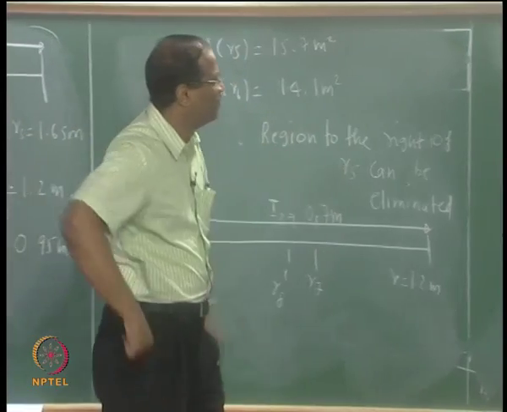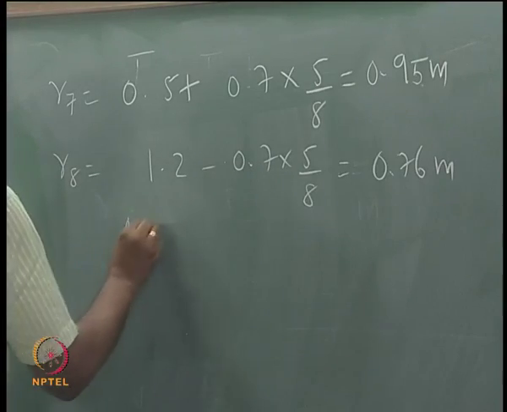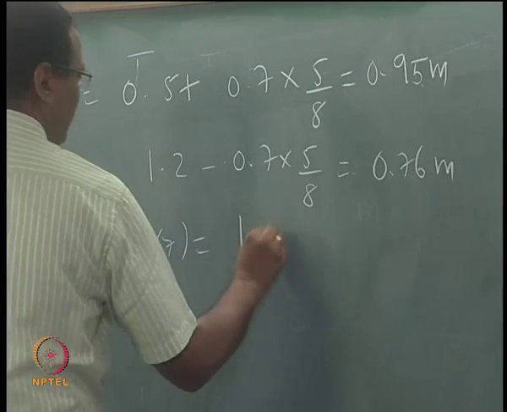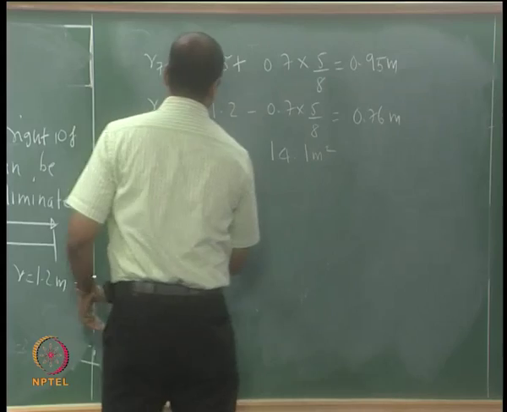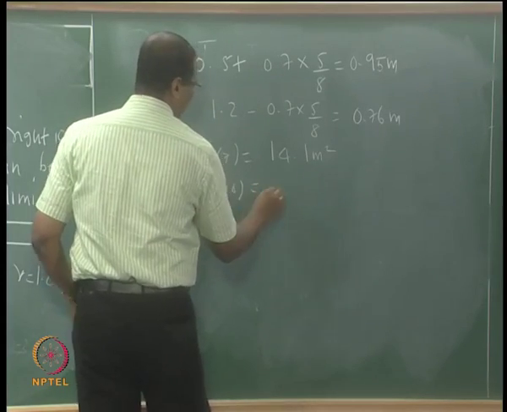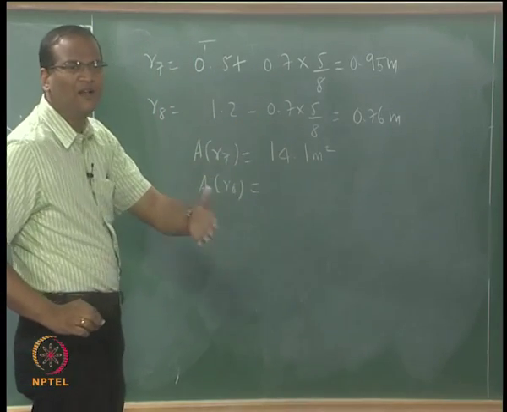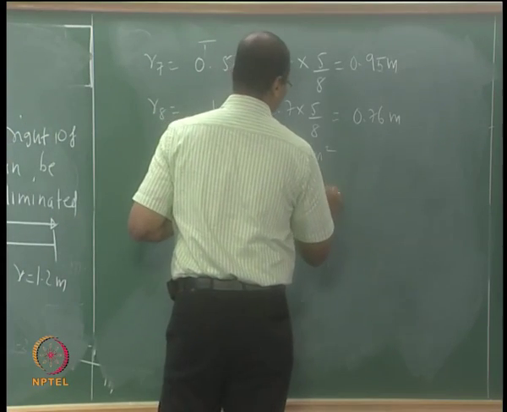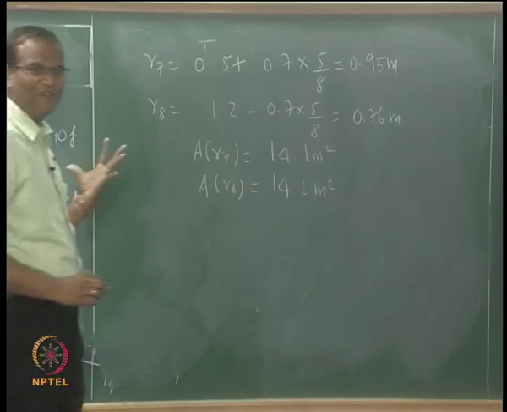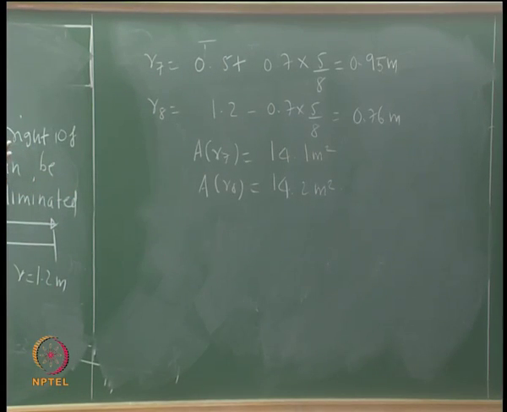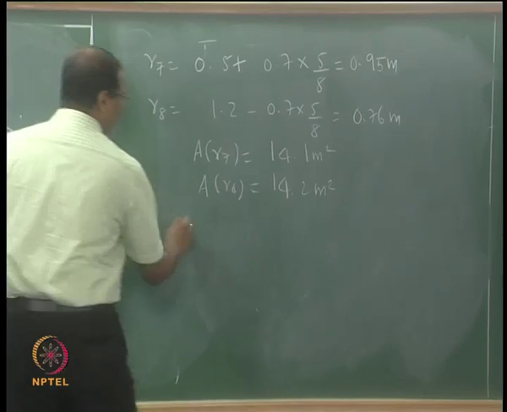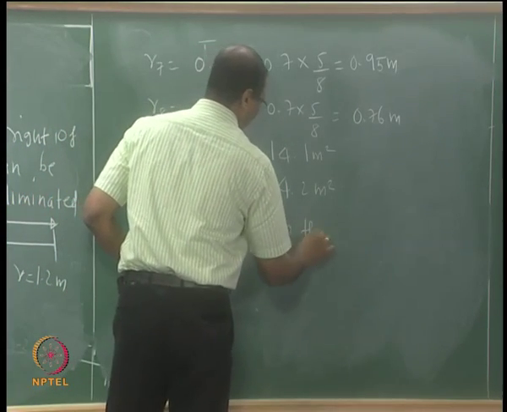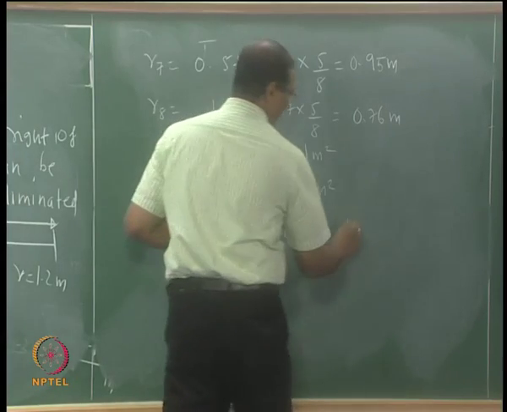Okay. Now A of R7, we know that 14.1. I know A of R8 will be greater than this fellow, it will be some 16, 17, 18, 14.2. Oh, then we have to be careful. Now region to the left, region to the left is eliminated, therefore for a change we got rid of the 0.5, right.